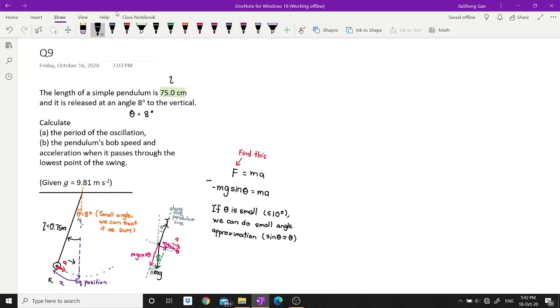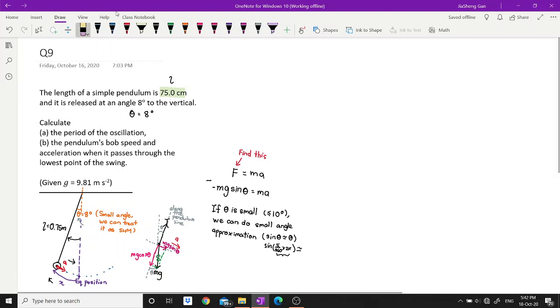Let's say it's 1 degree. Let's say it's 5 degrees. You can try to key in sine of 5 degrees divided by 360 times 2 pi. Your value here will be quite similar.